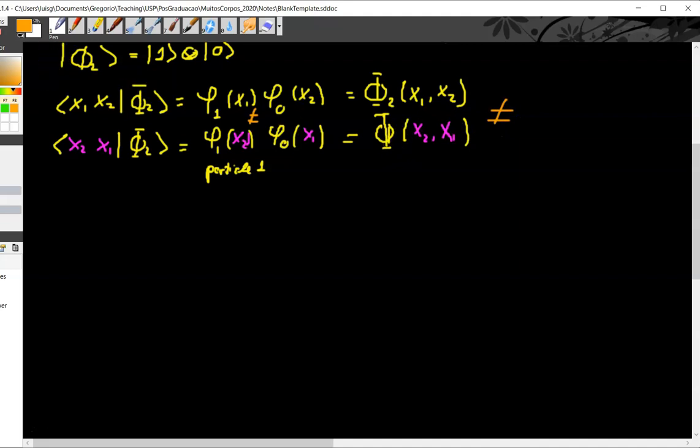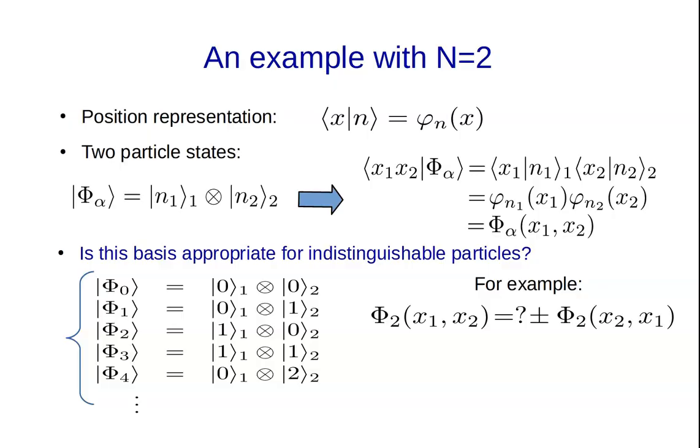Meaning that this basis, as I wrote it, doesn't account for particle exchange, in the sense that I need these two states to be related to each other in this fashion. They have to be either plus or minus one another. So the conclusion that we get here is that they're not.